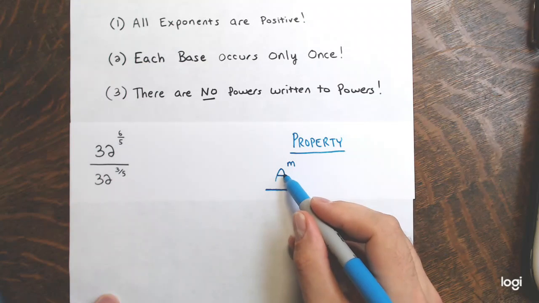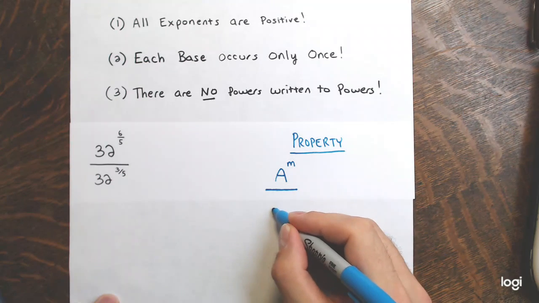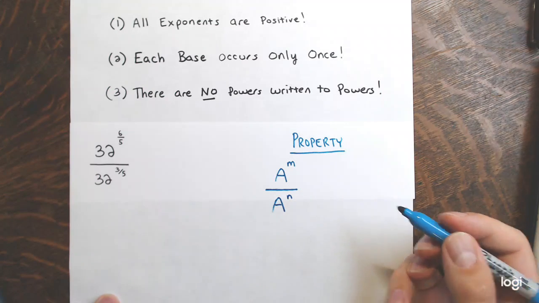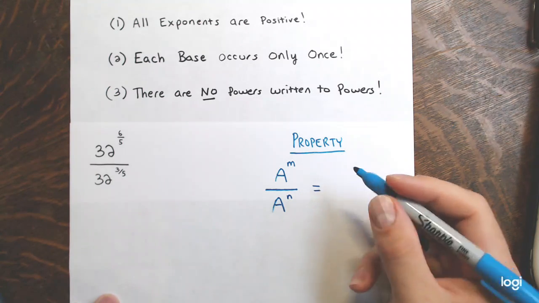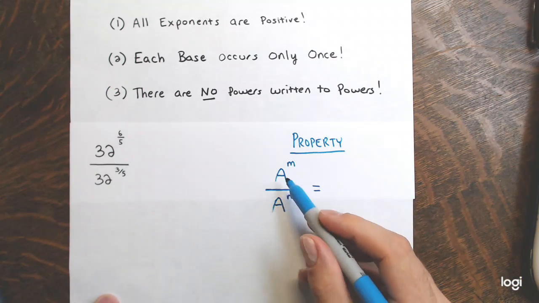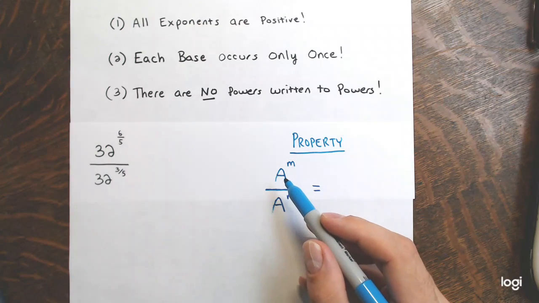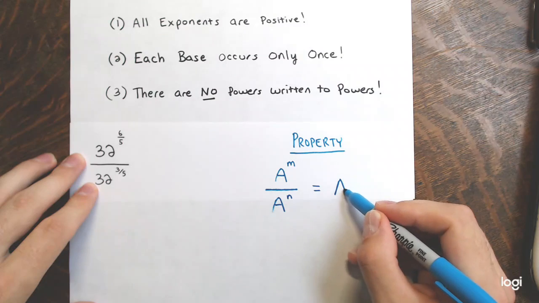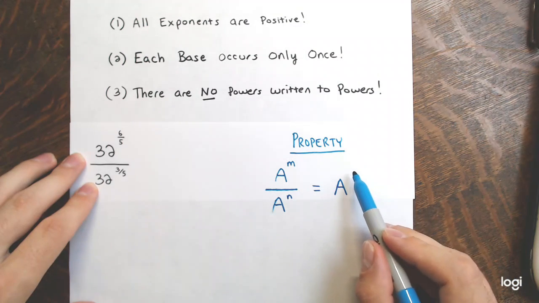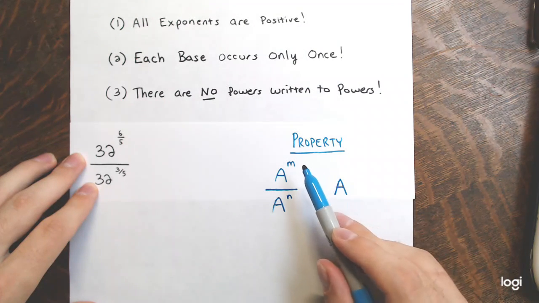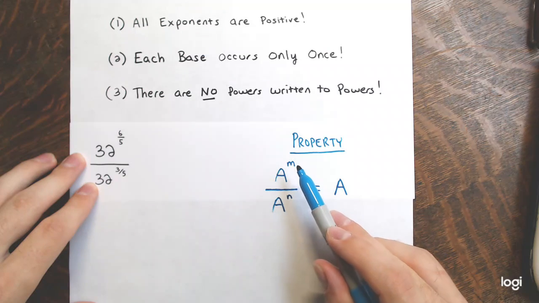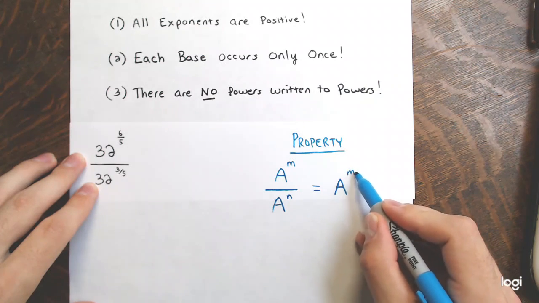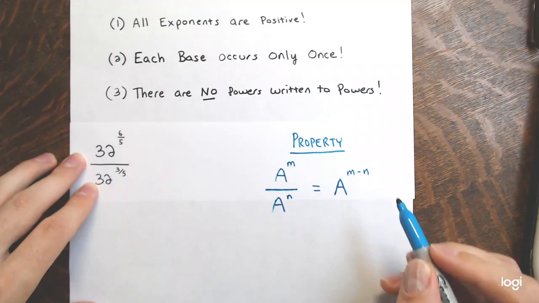So I have a to the mth divided by the same base to the nth power again. Now when you divide two numbers with the same base, keep the base just like when you multiplied. But the exponent this time is the numerator exponent minus the denominator exponent, in that order, m minus n power.